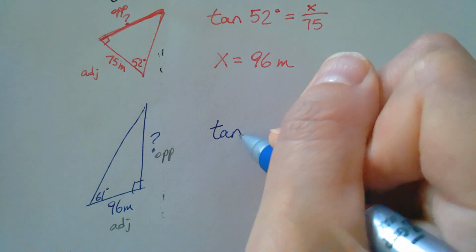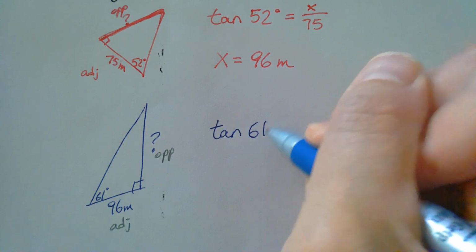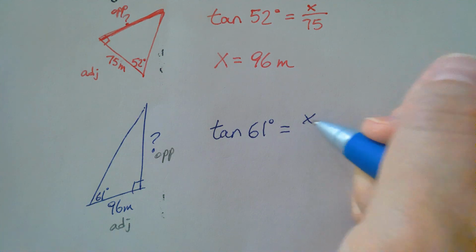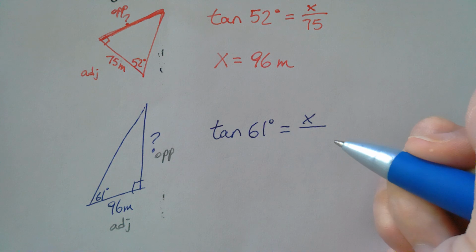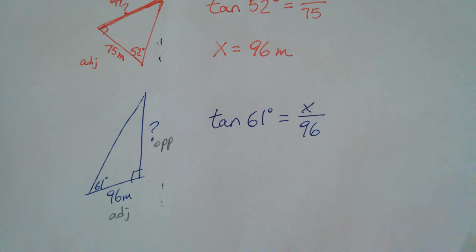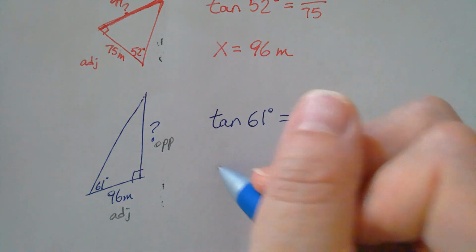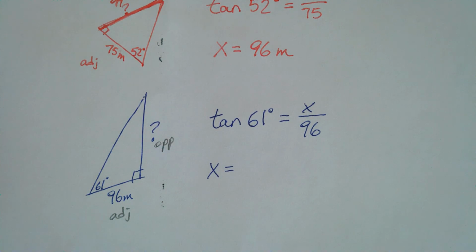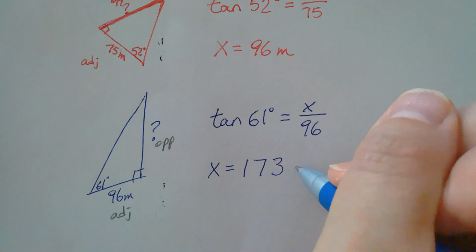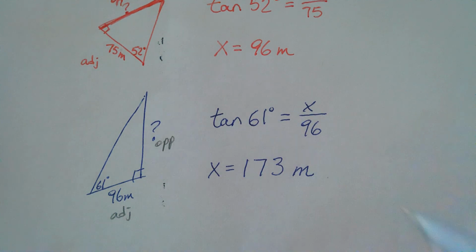Tangent, yep, equals X over 96, good. Okay, Jaden, finish this up for me. X equals 61 times 96. X equals 173. What's my unit? Meters. So therefore, the height of the cliff is 173 meters high.